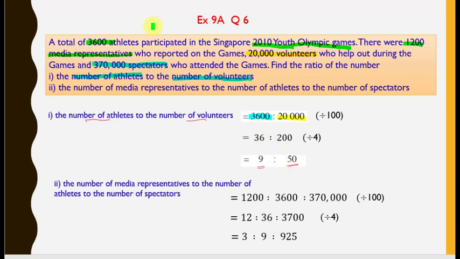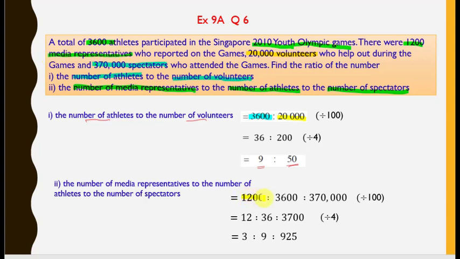In the second part, the number of media representatives to the number of athletes to the number of spectators. So this is the number of media representatives, because there are 1200 media representatives.